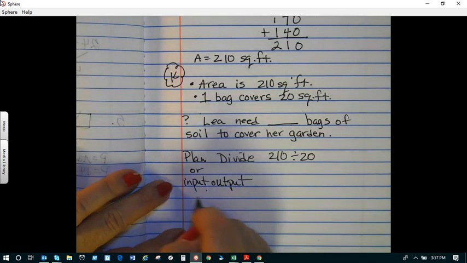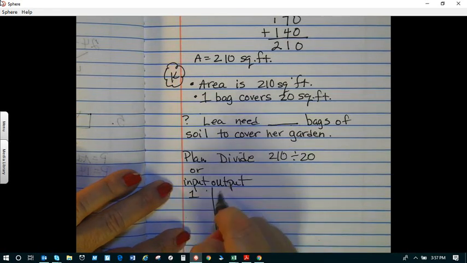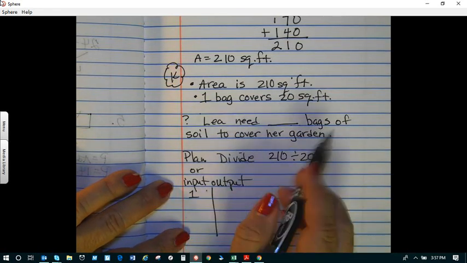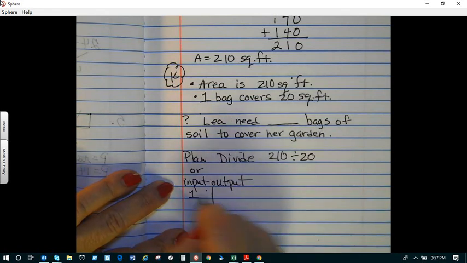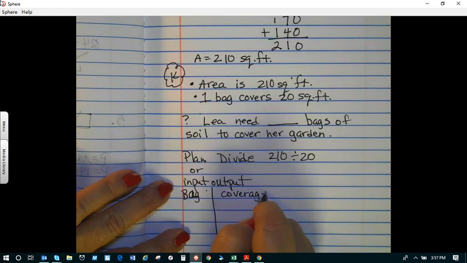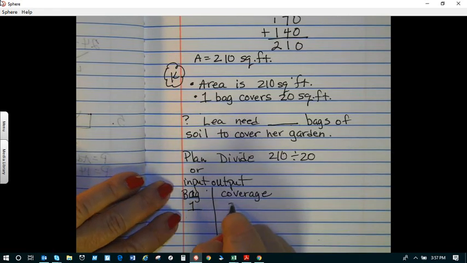So the input is going to be one bag. The output is, I'm going to put bag, and then coverage. So for every one bag, it's 20. 2 bags would be 40.